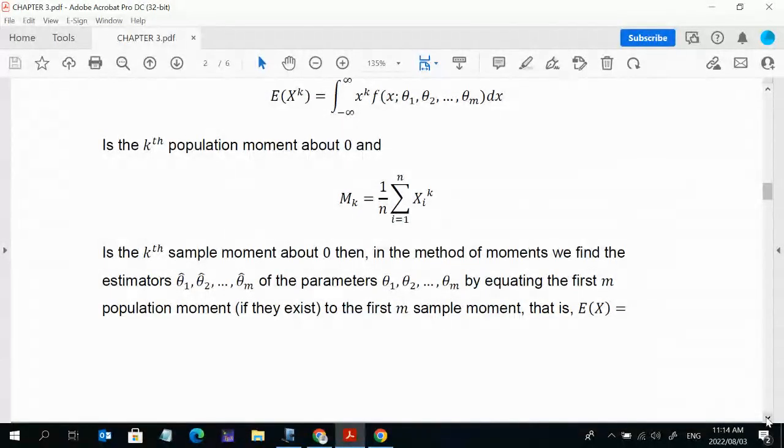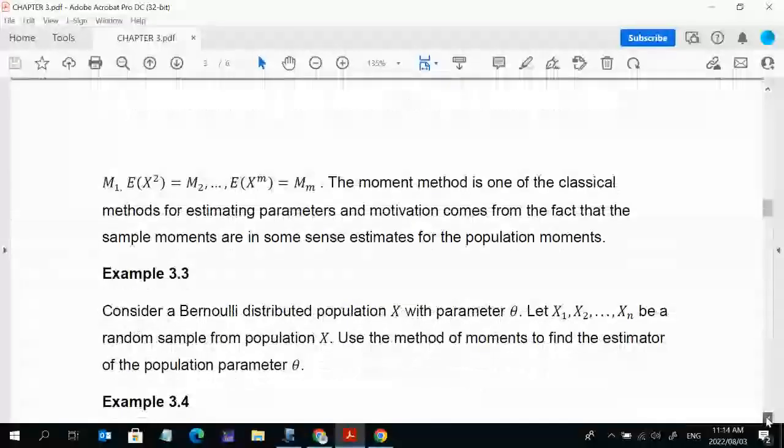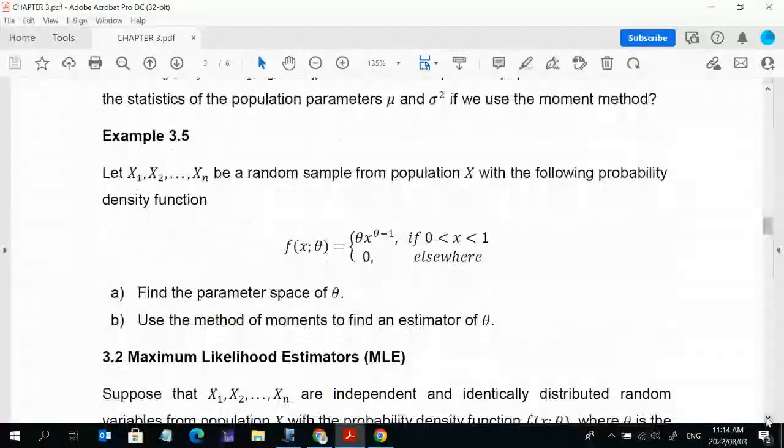That's why we equate the population moments to the sample moments and solve for the parameter. And we looked at those 3 examples.